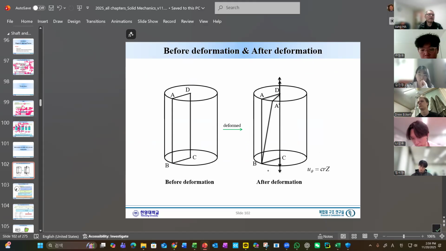This is exactly the same concept as when we learned bending. What did we learn? What did we start with? You remember this one? We assume the section rotates like this, and then epsilon x.